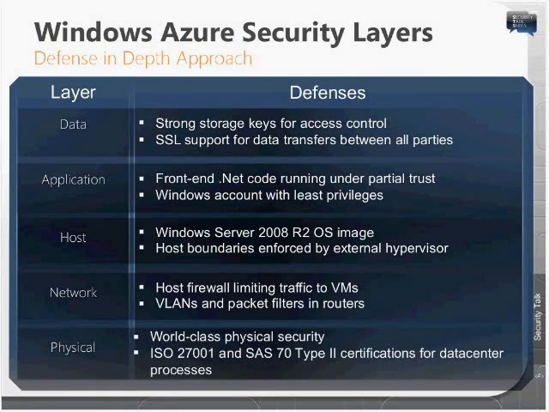Finally, at the physical layer, we have some of the largest and best managed data centers in the world with significant layers of physical security. All of our data centers have passed ISO 27001 certification, and also SAS 70 Type 2 certification for auditability.